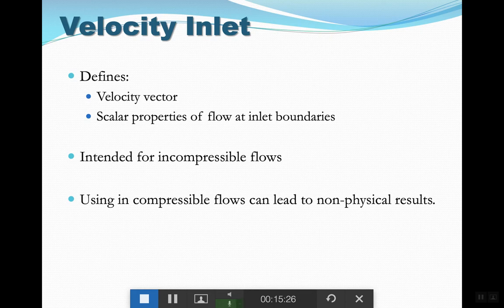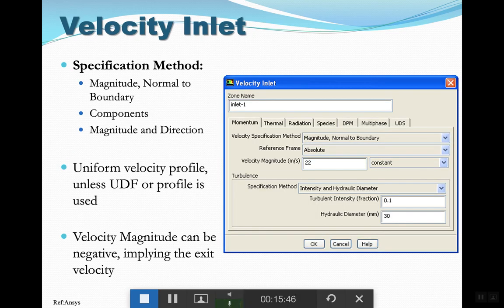Okay, so since m dot is rho AV and rho and A are constant, instead of defining m dot, I define V. But remember, if you go to compressible flows, that's not correct anymore because your rho, your density, is changing as well. So let's see how we can define velocity inlet in our solvers.